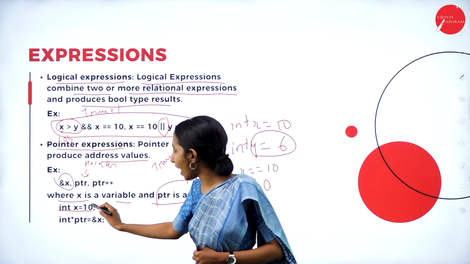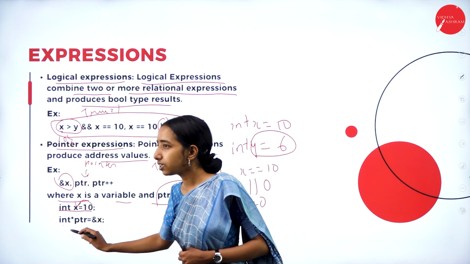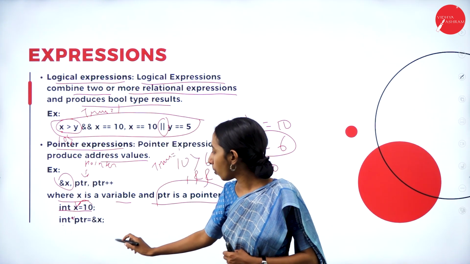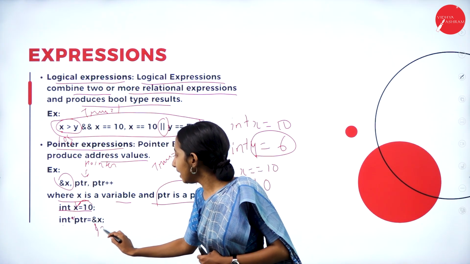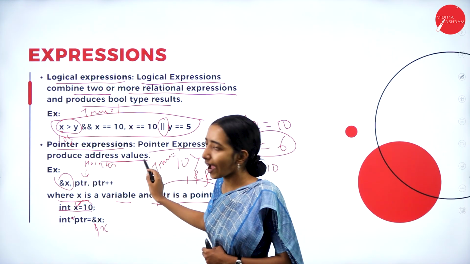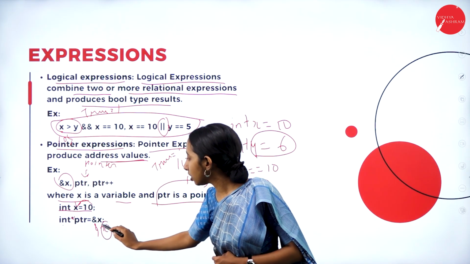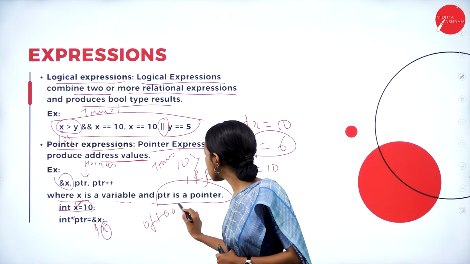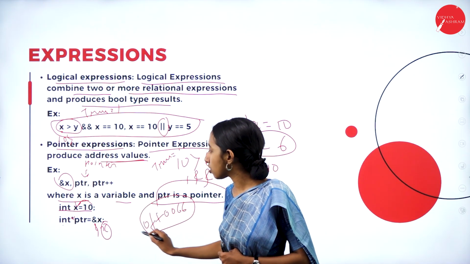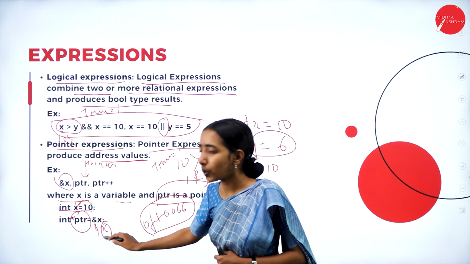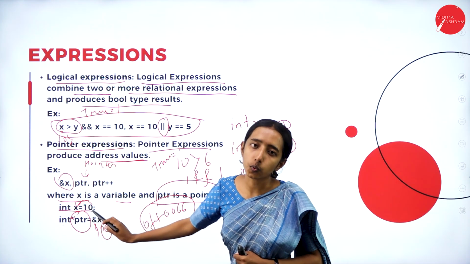I am assigning the value 10 to x, and int *pointer = &x. So the pointer expression has the address value of the variable x. The address may be something like 4T0066. So this may be the address of the variable x, and this pointer will be storing the address of the x variable.